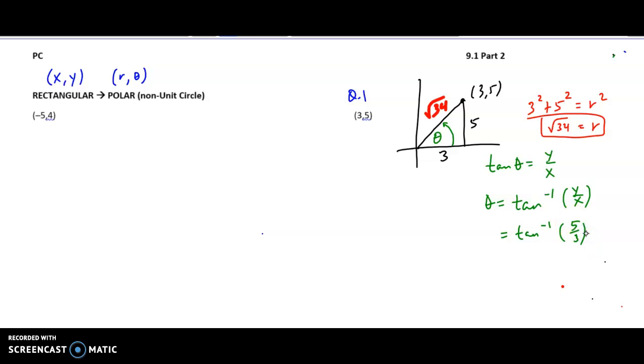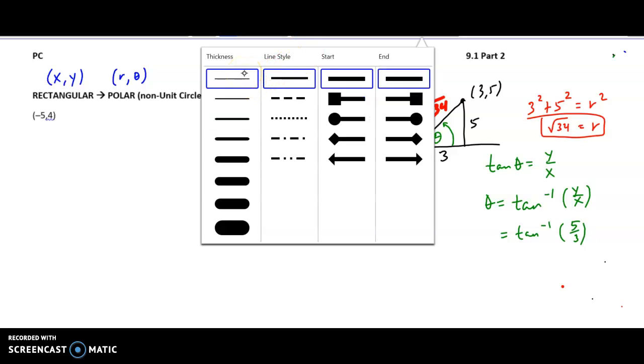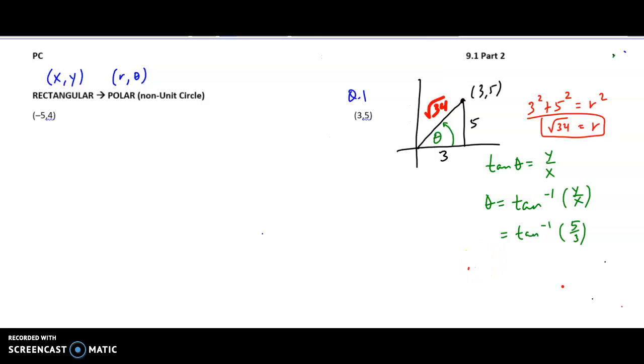I'll make a little note here: you're going to need a calculator, because 5 over 3 is not a unit circle value.